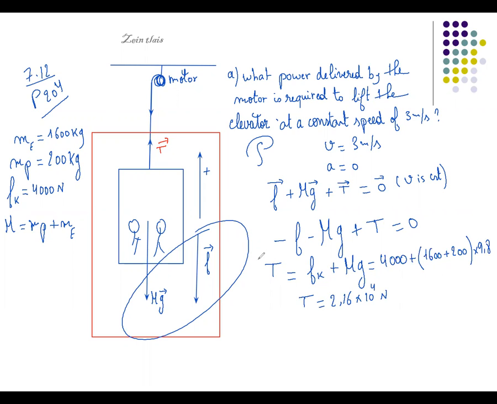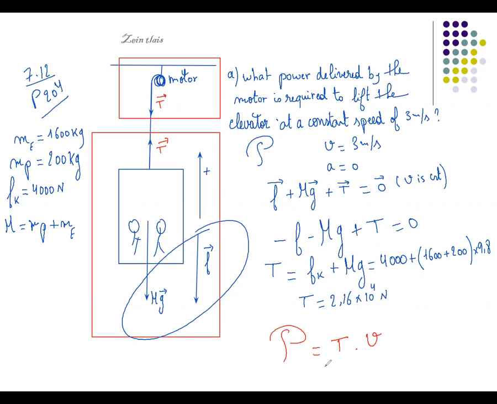Okay, now the question relates to the motor here. Here we have the tension T. The motor will use the tension to push up the elevator. So the power of the elevator equals the force, I mean T, times the speed. This is the relation of the power: the force applied by the motor times the speed of the system.